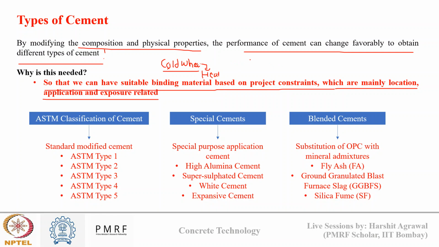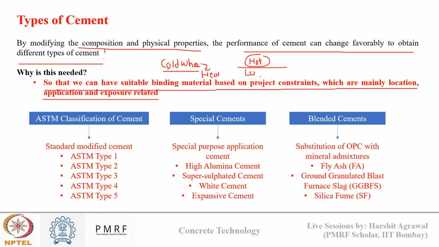Or we have an exposure environment in hot weather. In such weather we want a binder which has a low heat of hydration, so that it doesn't show shrinkage cracking upon hydration in such hot temperature.